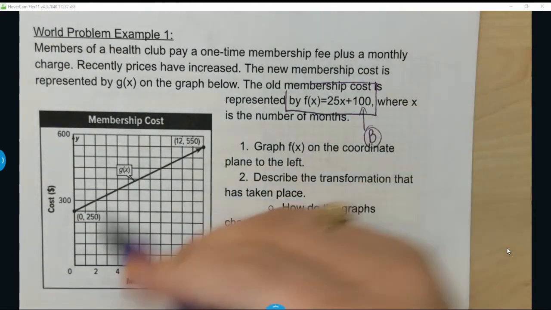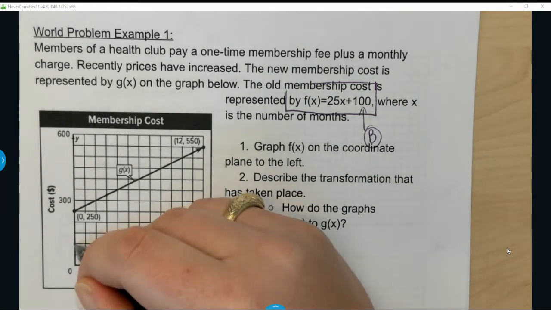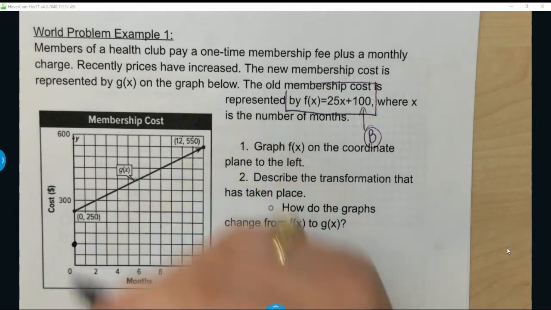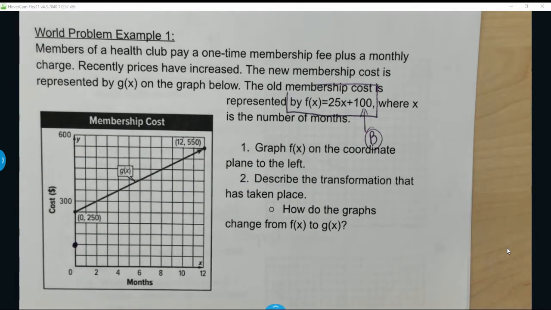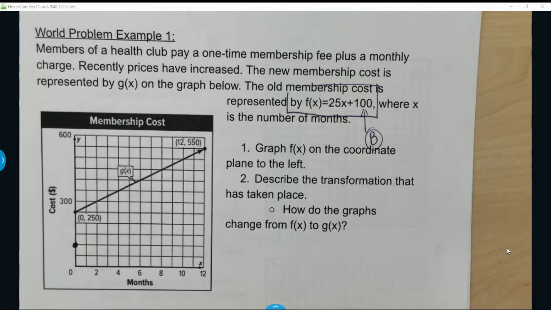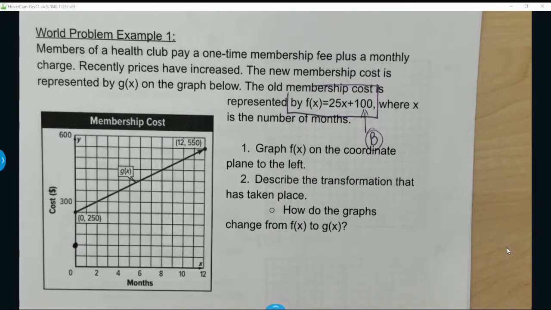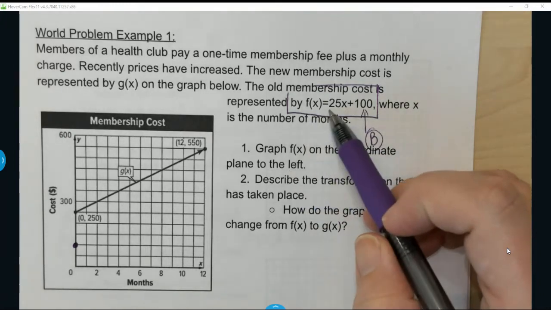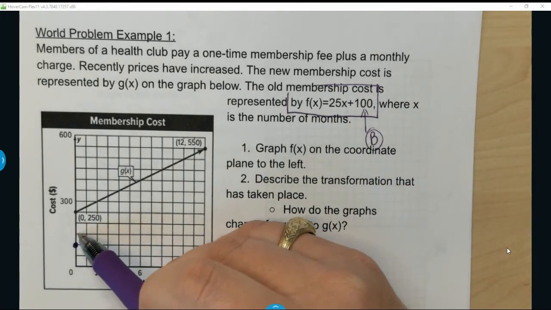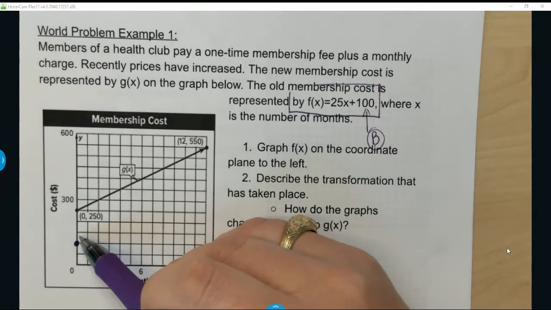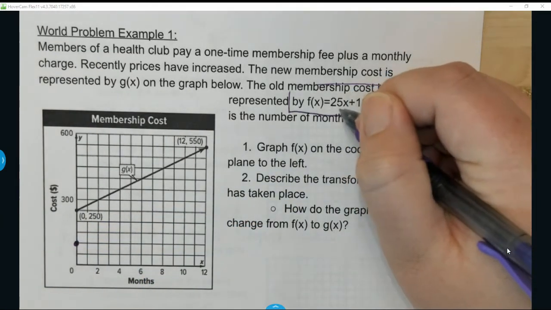So if I'm starting at 100, I'm actually starting at that second notch on the y-axis. And then again, you've got to pay attention to the scaling. So if my slope is 25, if I'm going up to the next line, then I am going up 50.